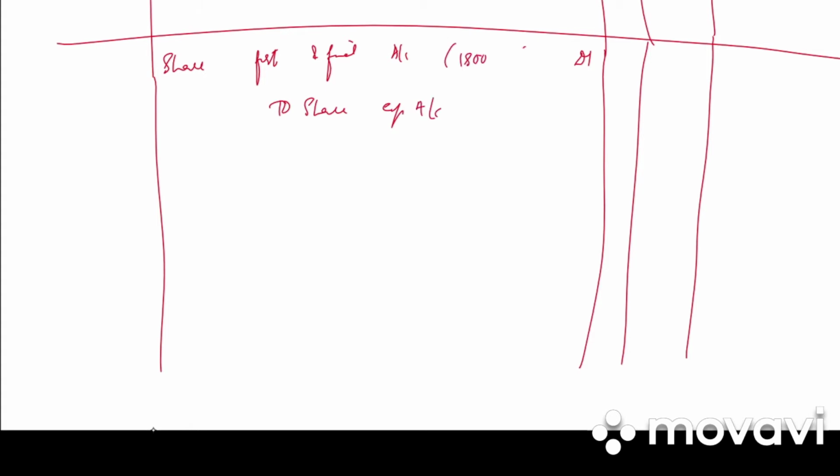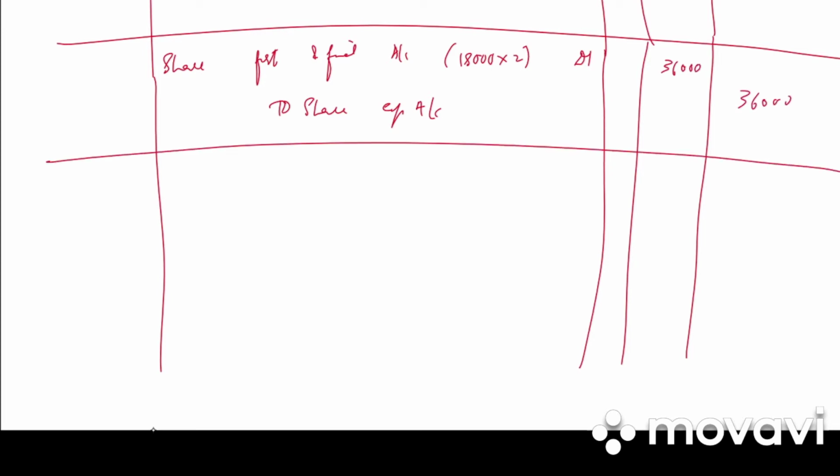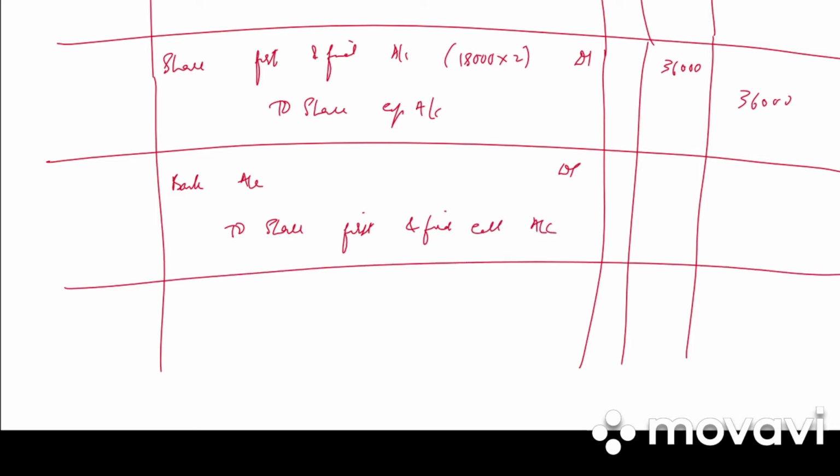That is 18,000 into 2, 36,000 debit, 36,000 credit. Write the narration: share first and final call due. Next we have bank account debited to share first and final call account, 36,000 debit, 36,000 credit. Write the narration: share first and final call money received.